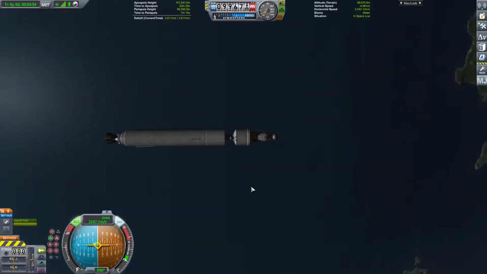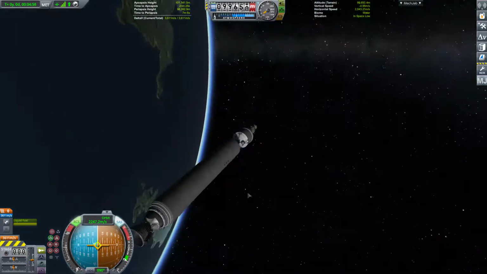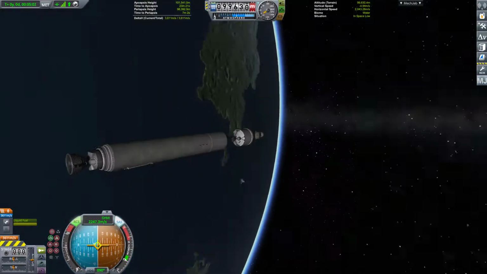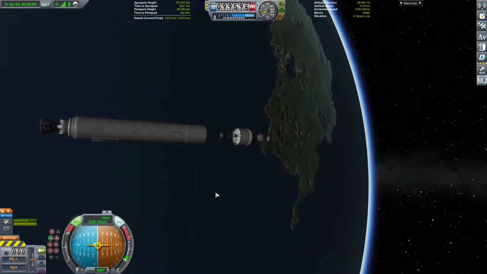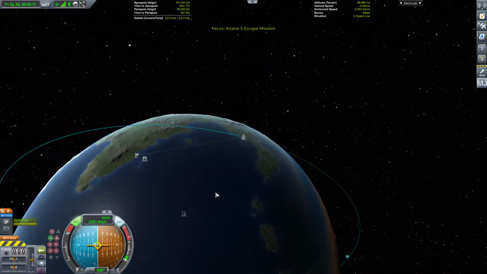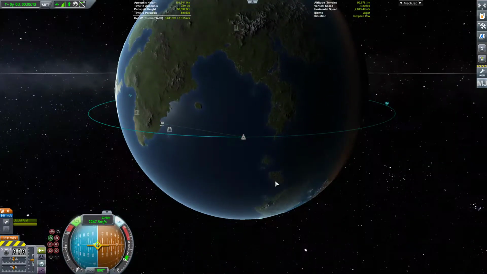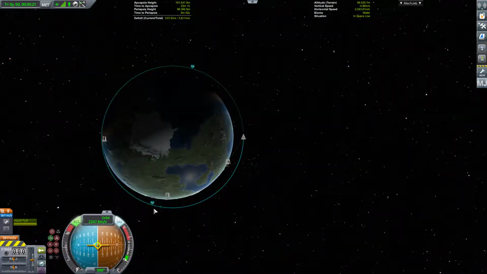So we're now at orbital speed, and we'll prepare for another burn for escape velocity. Approximately a 100-kilometer altitude circular orbit.